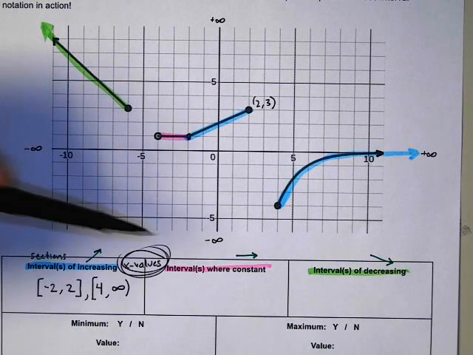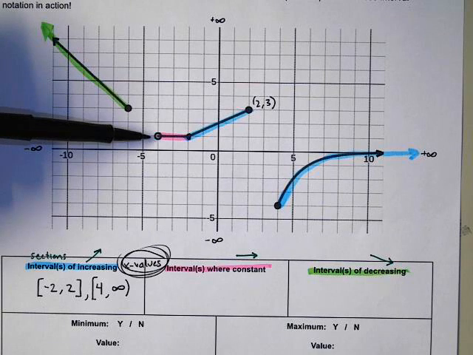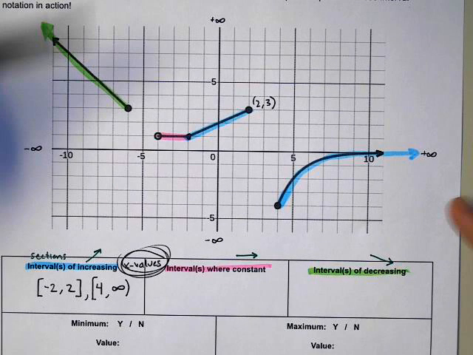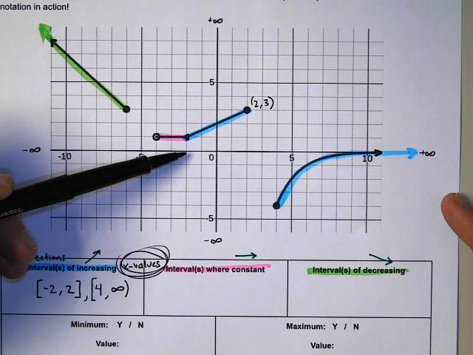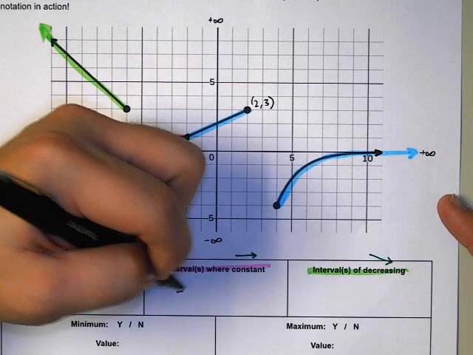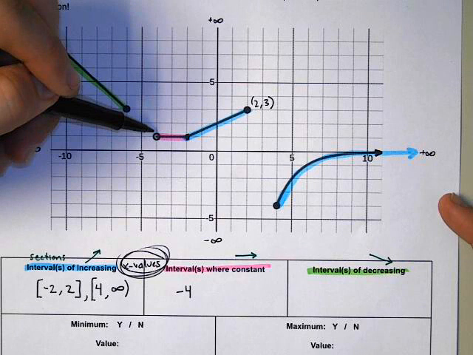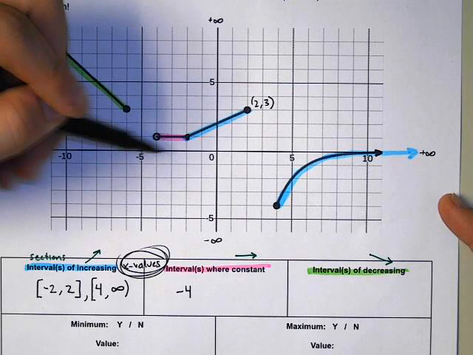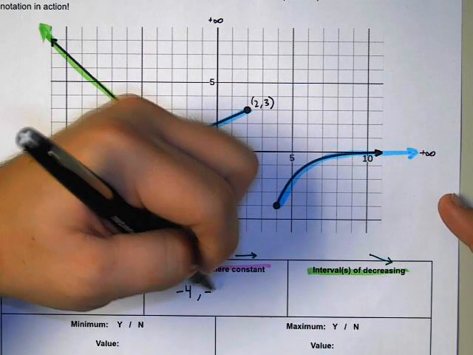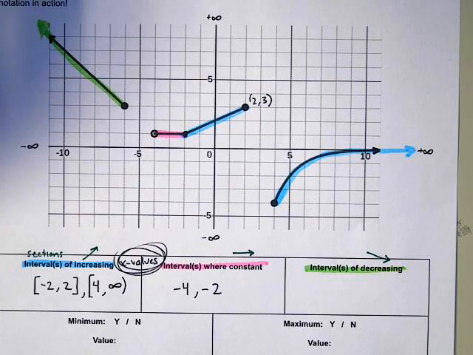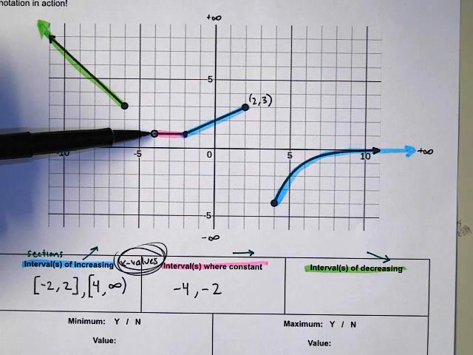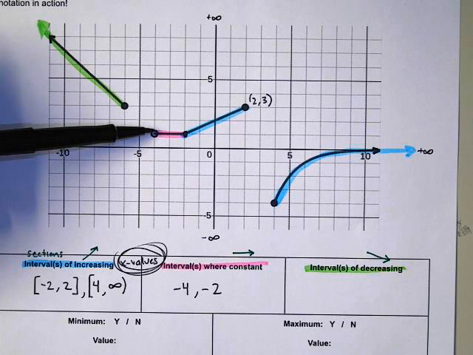All right, interval where constant. Okay, so let's start by getting the lower and upper bounds. Again, x values. -1, -2, -3. Okay, -4 is my lower boundary of the pink. -2 is my upper boundary of the pink. But do you guys notice how there's an open circle there? It's not filled in. What that's telling me, guys, is there's not actually a point there.